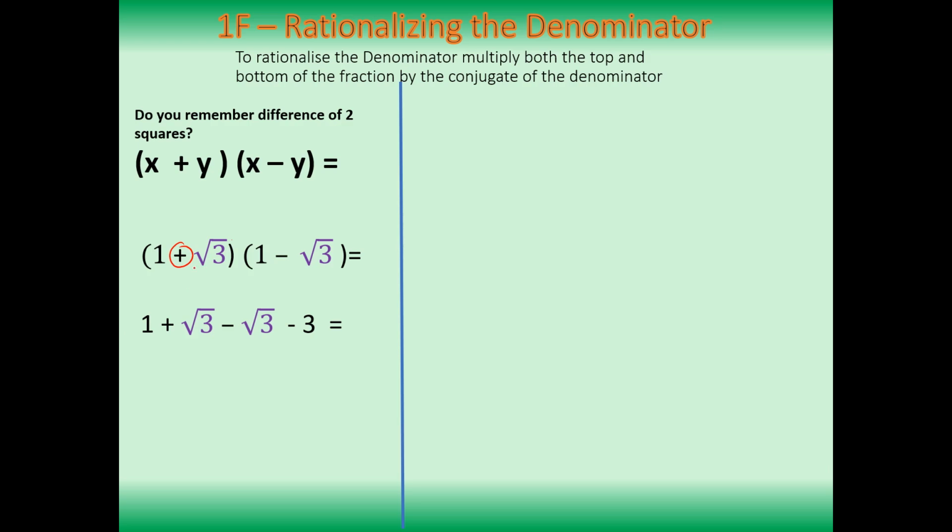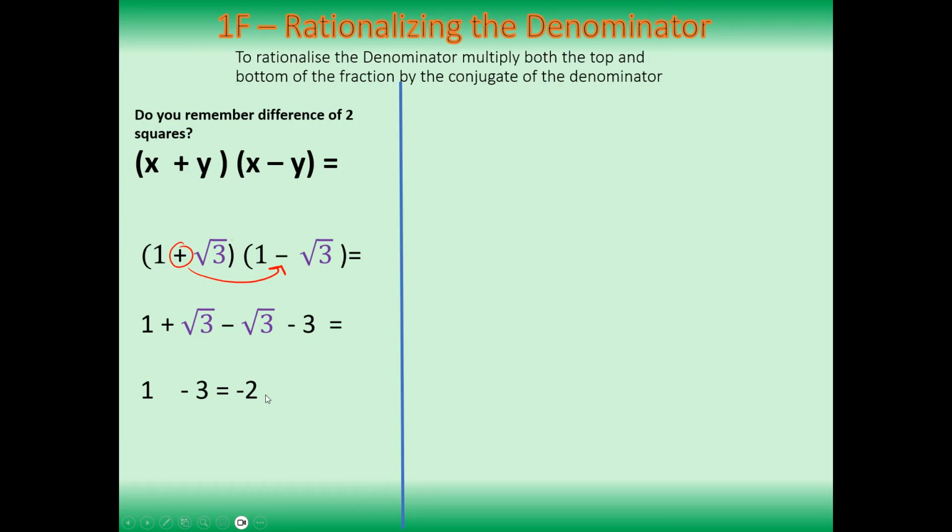This was a plus, but I wrote it as a minus. This is called writing its conjugate. So 1 minus 3 is minus 2. So the answer to multiplying these two brackets is actually minus 2.